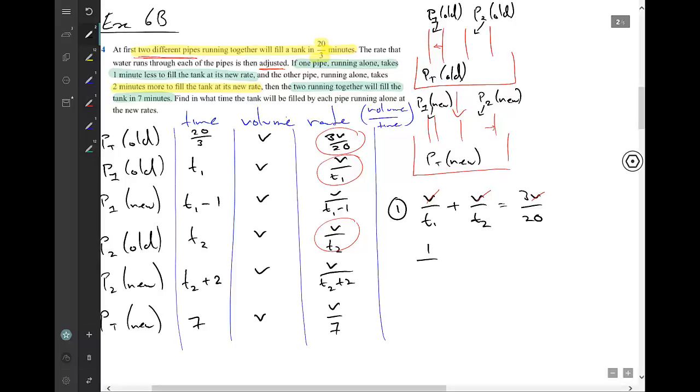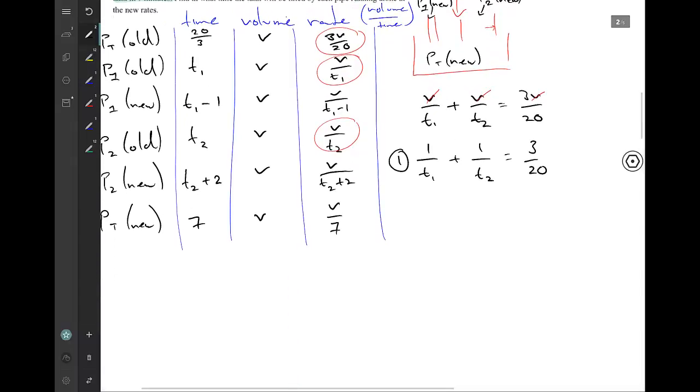So we end up with 1 on T1 plus 1 on T2 equals 3 on 20. And we'll make that our equation 1. The second one we're going to look at is that one is equal to that plus that.